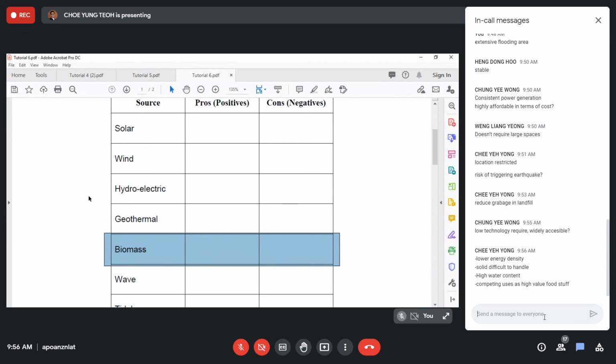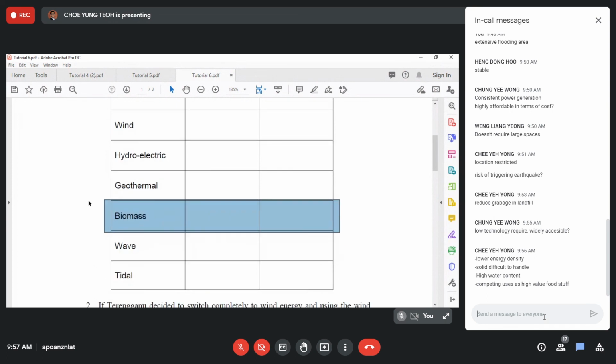Competing use as a high-value foodstuff. Yes, this is correct. But looking at high water content and low energy density, they should somehow be linked together. But all are acceptable in that case. The unique disadvantages of biomass energy.